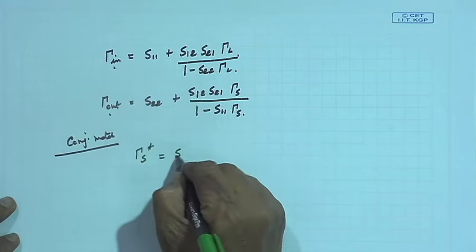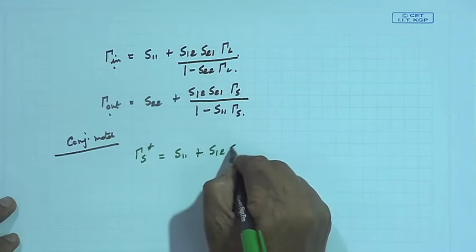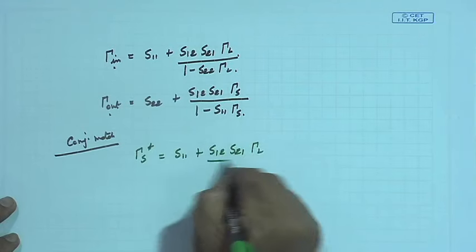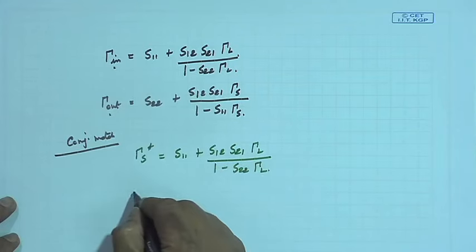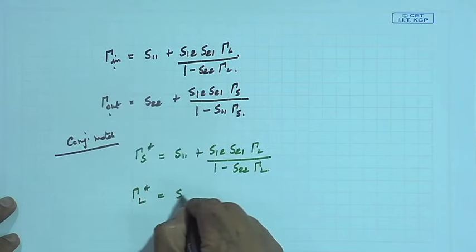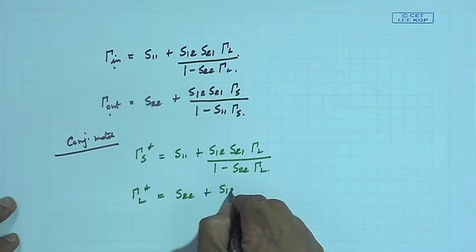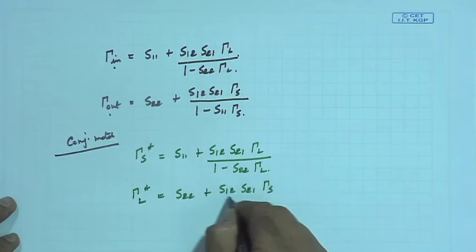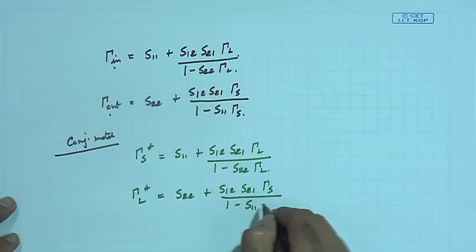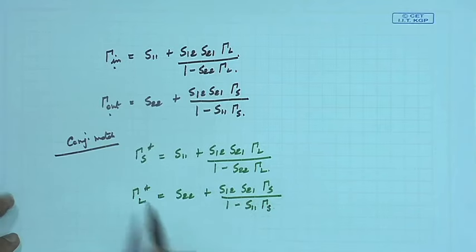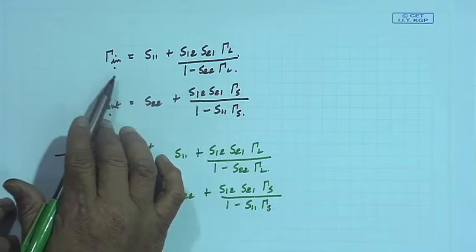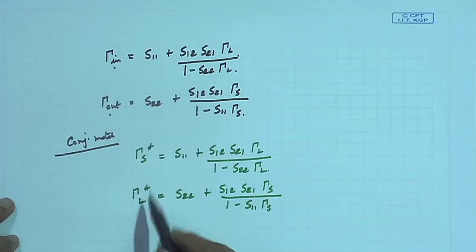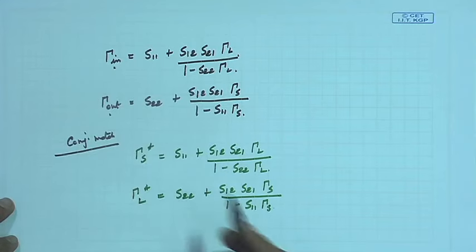So gamma S star is S11 plus S12 S21 gamma L by 1 minus S22 gamma L, and gamma L star is S22 plus S12 S21 gamma S by 1 minus S11 gamma S. By conjugate matching I have replaced gamma in and gamma out with the appropriate gamma S and gamma L values.